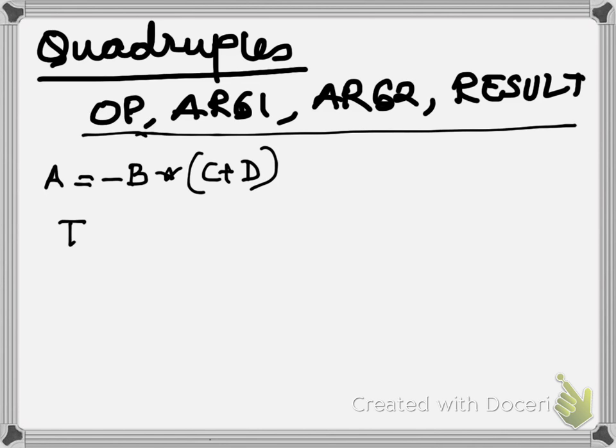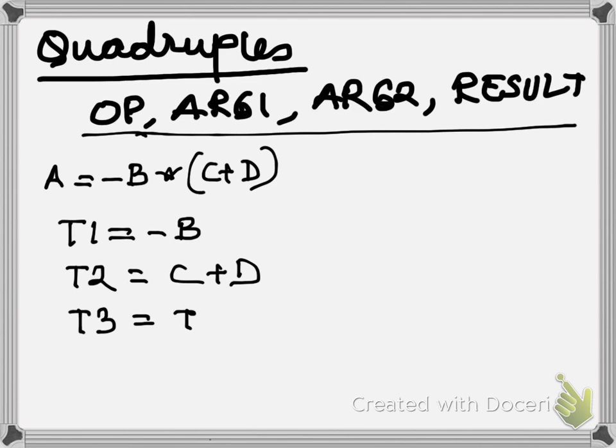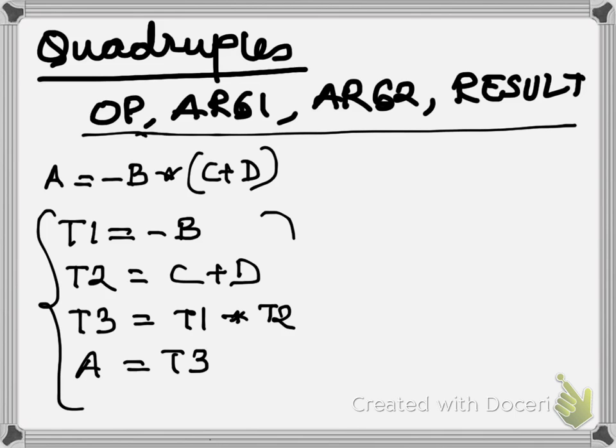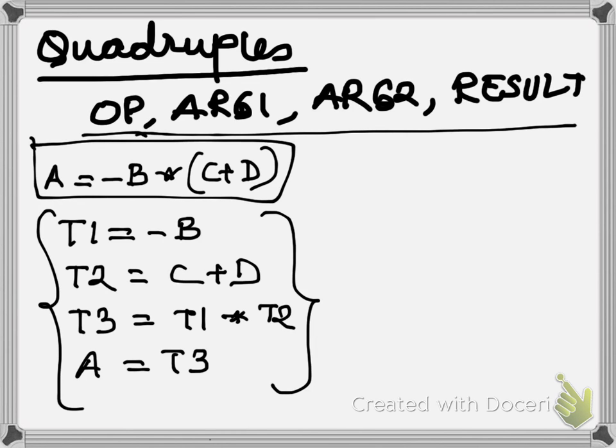First, T1 is assigned minus B. Then T2 is C plus D, T3 is T1 into T2, and the last one, A is assigned T3. So this is the set of three address instructions for executing this particular statement.